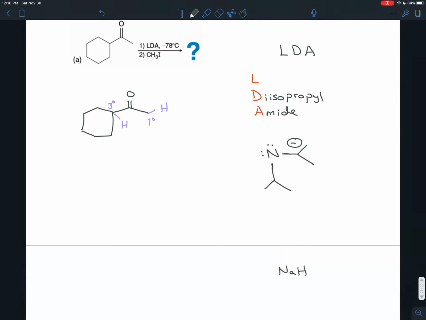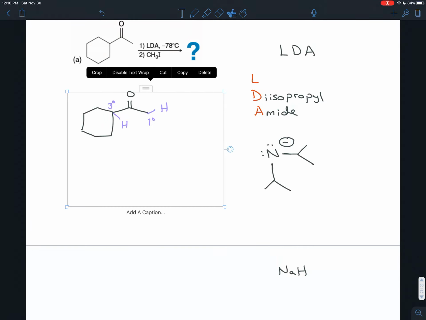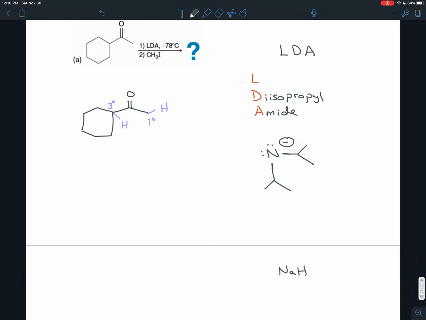So you have two isopropyl groups coming off of the amide. Now the amide is still just as basic, it's still just as strong of a base, because the nitrogen has two lone pairs and a full negative charge. It just won't be able to get into narrow or crowded areas because it has these big bulky tails on it.